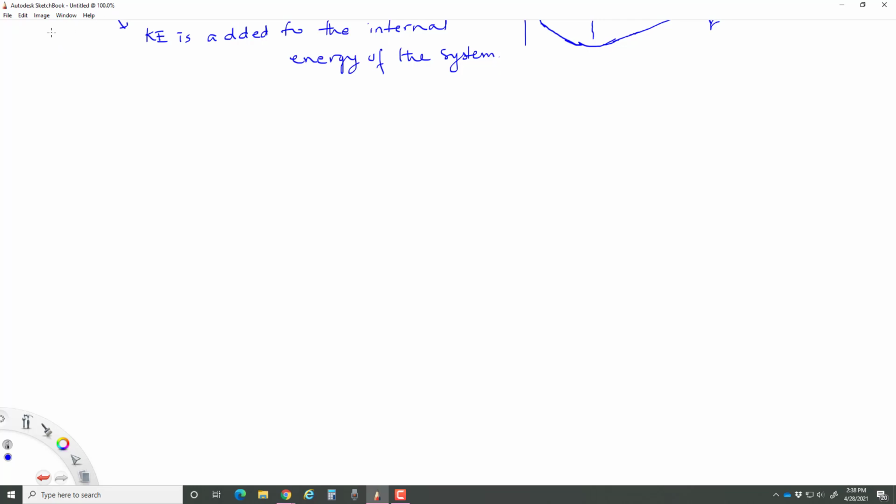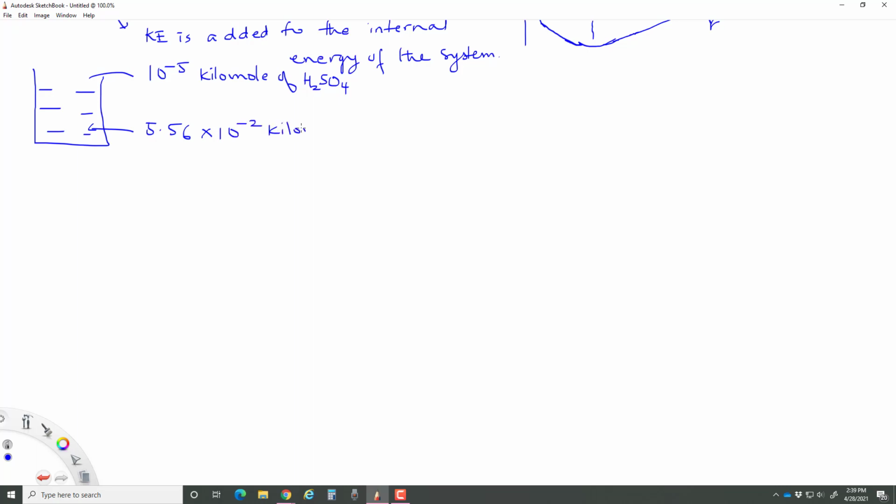So let's say we are adding 10 to the negative 5 kilomole of sulfuric acid, H2SO4, to 5.56 times 10 to the negative 2 kilomole of water at room temperature.